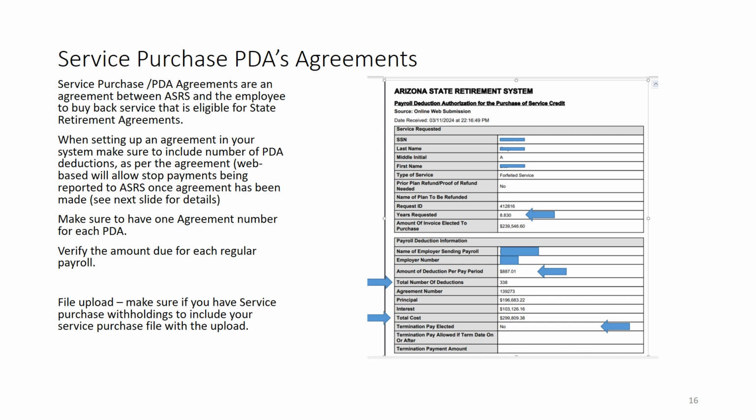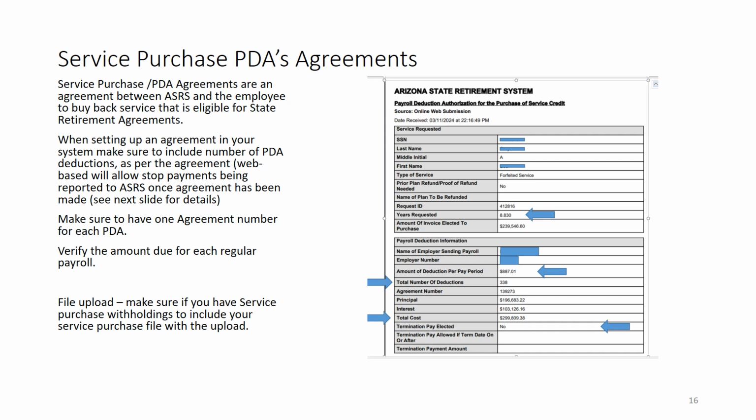Like the PDA itself, this addendum to use termination pay is an irrevocable election. A member may also make an irrevocable election to use termination pay toward the service purchase of credit within a narrow window several months before retirement.